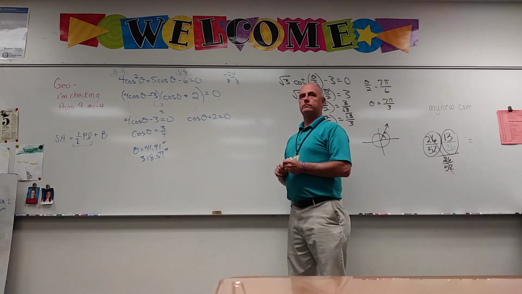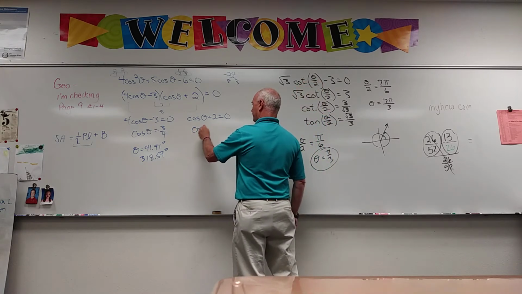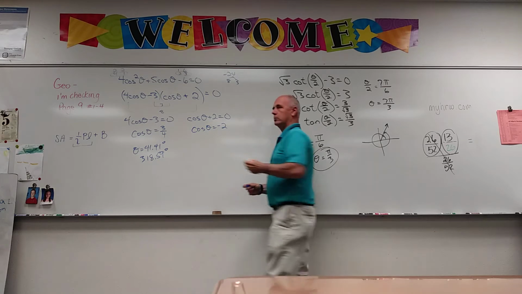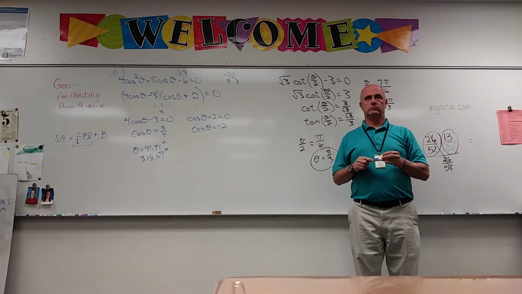What about this one? Cosine of theta equals -2. Thoughts? Go ahead, throw it into your calculator.